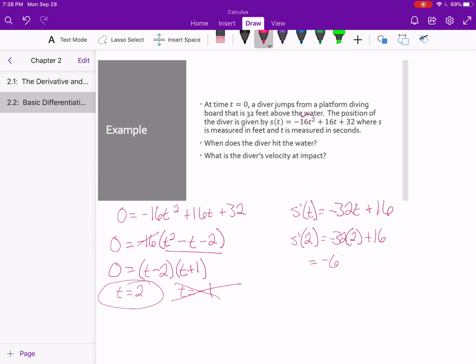So we get negative 64 plus 16 equals negative 48. So, since it's in feet and seconds, it's negative 48 feet per second. The negative just tells us that the diver is moving down and not up. And then the 48 tells us actually how fast it's going.